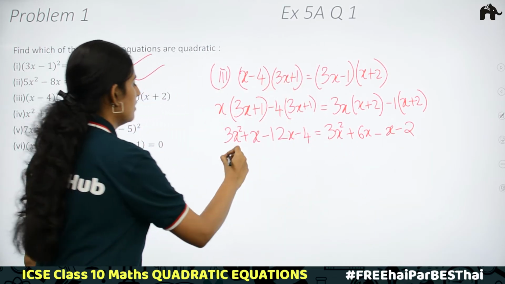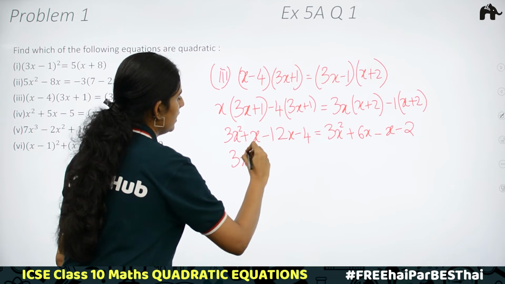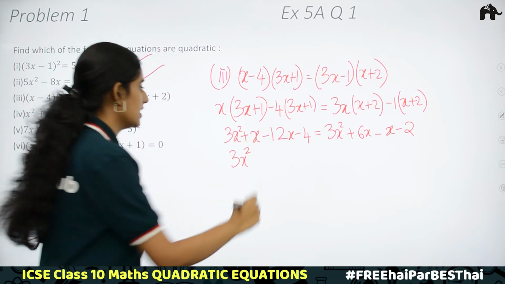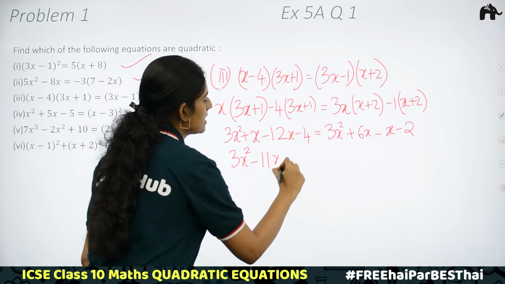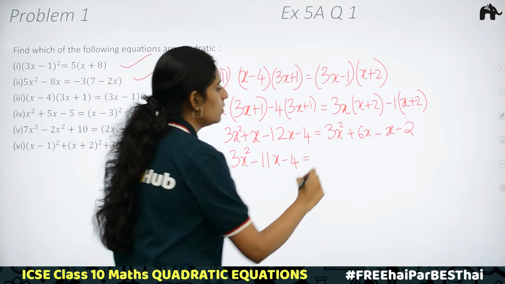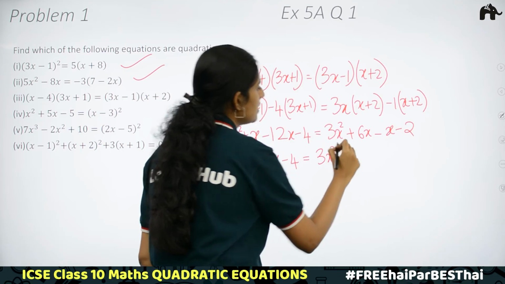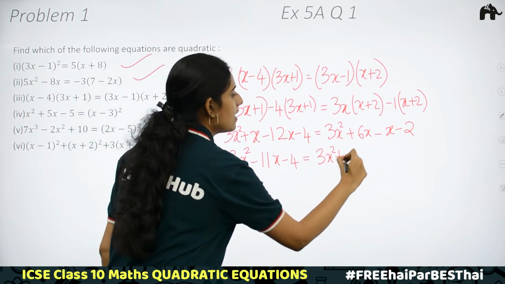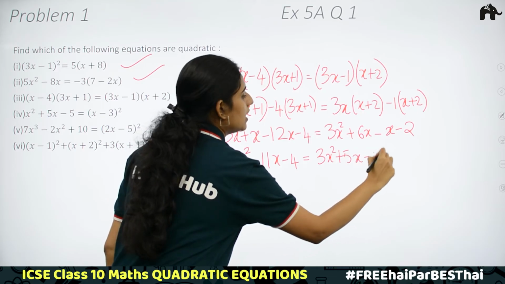Now, this is equal to 3x square plus x minus 12x, minus 11x, minus 4 is equal to 3x square plus 6x minus x, that is plus 5x, minus 2.